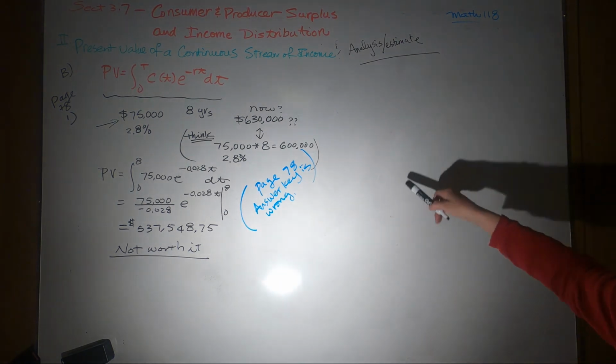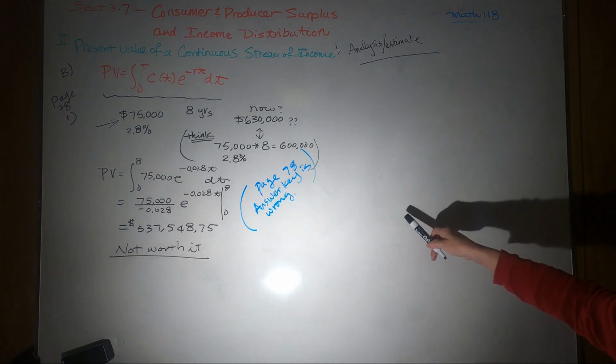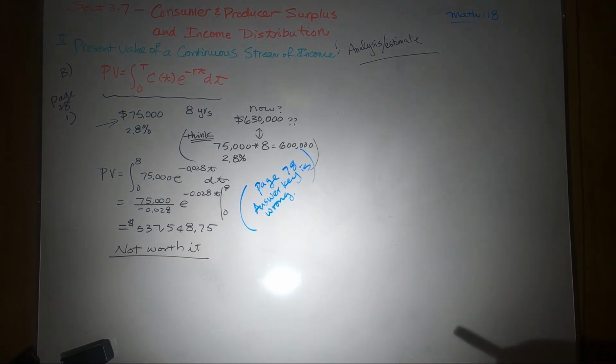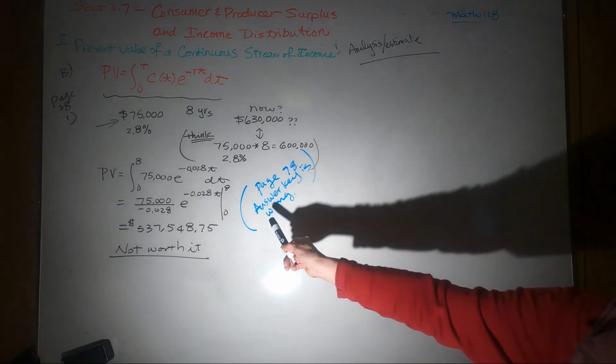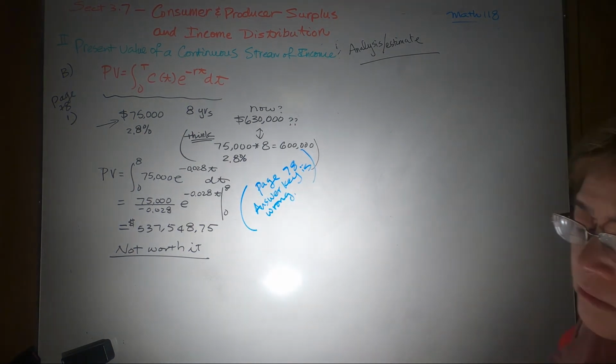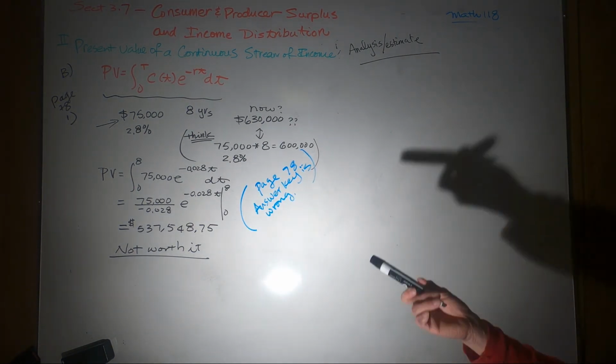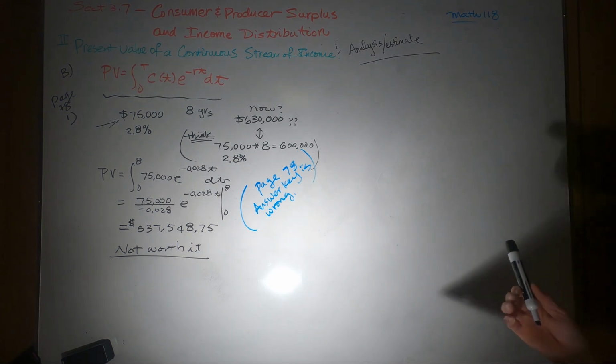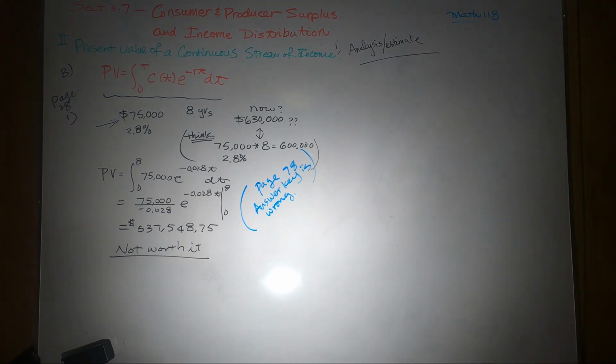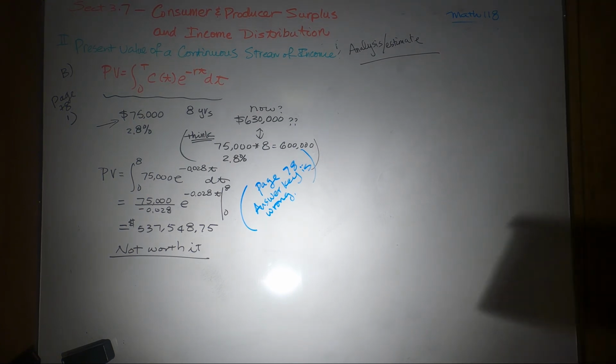When I did the analysis, it didn't make sense to me. Then I realized they calculated wrong. They calculated it to be $670-some thousand. So let's do the analysis and see what happened.